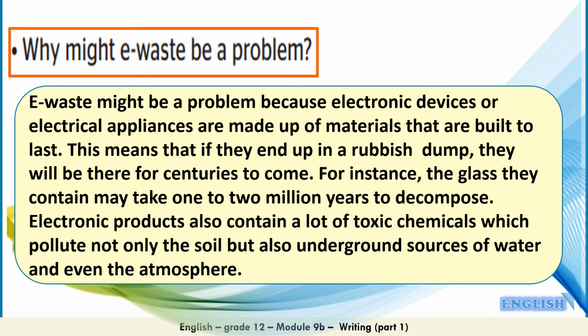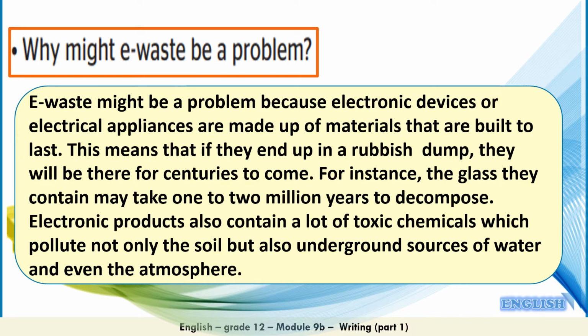E-waste might be a problem because electronic devices or electrical appliances are made up of materials that are built to last. This means that if they end up in a rubbish dump, they will be there for centuries to come.